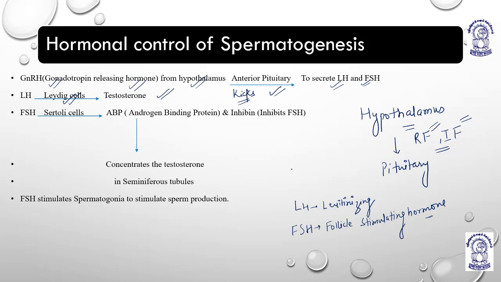Then we have the follicle stimulating hormone, which is secreted by the anterior lobe of the pituitary, and it works on the Sertoli cells.